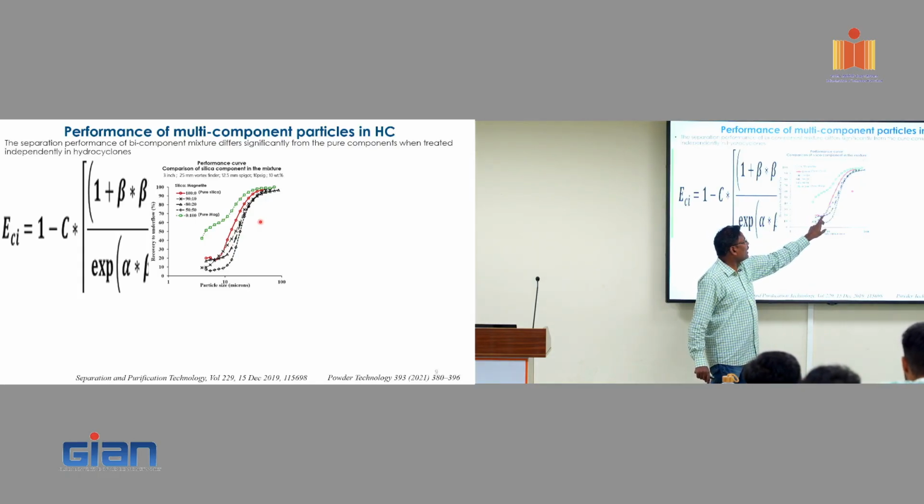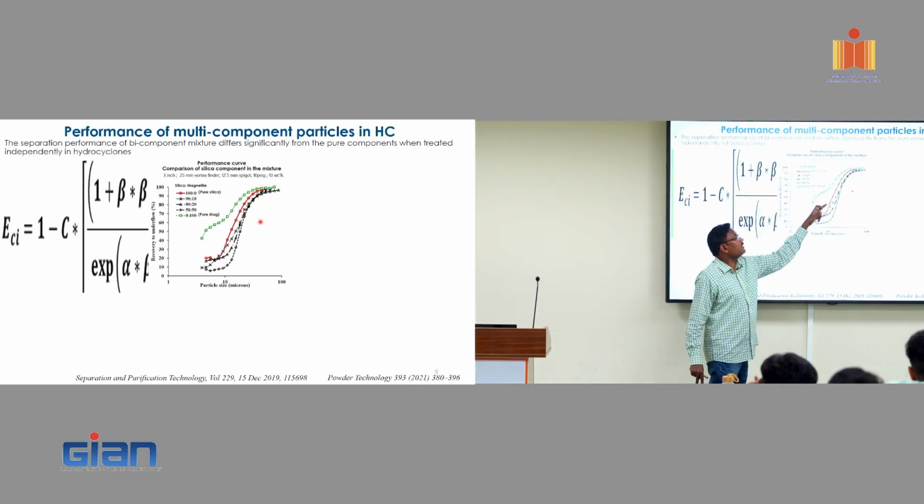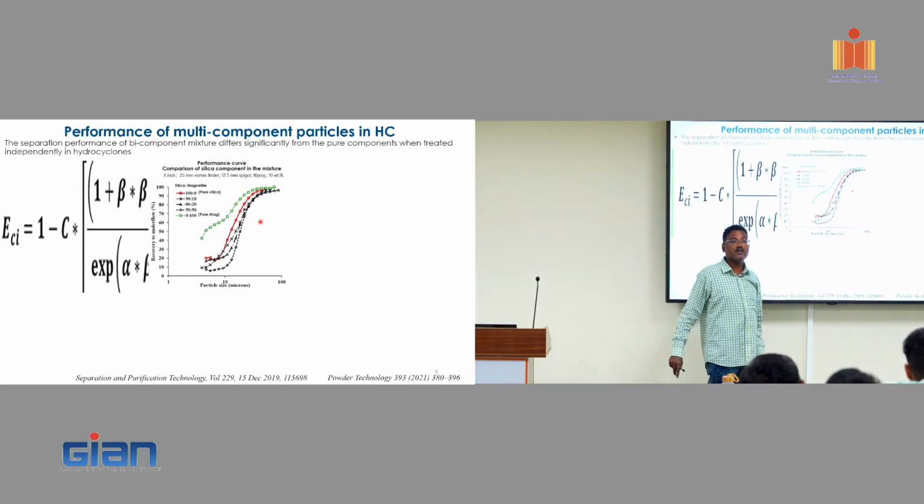When silica is mixed with different proportions of magnetite, the efficiency curve significantly shifts to the right side. That means earlier, the calculated cut size for pure silica was somewhere about 12 or 10, and now that has shifted to a significantly larger cut size.